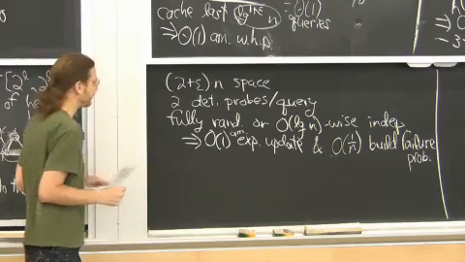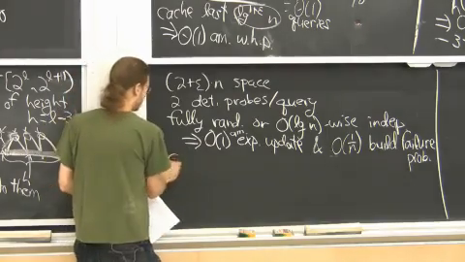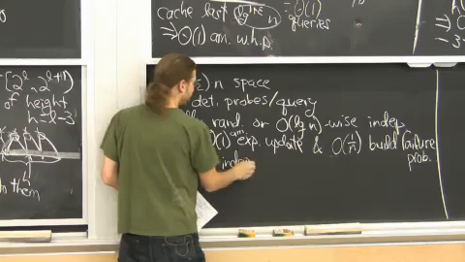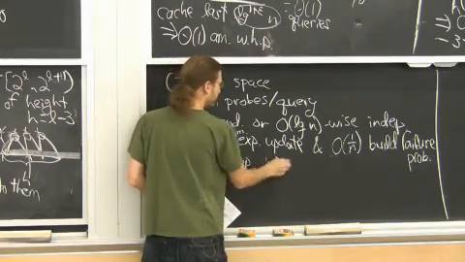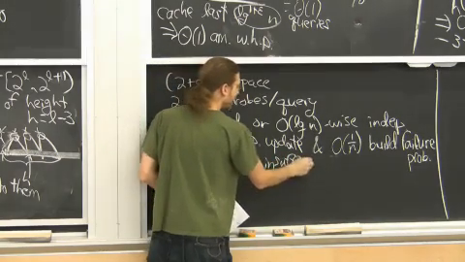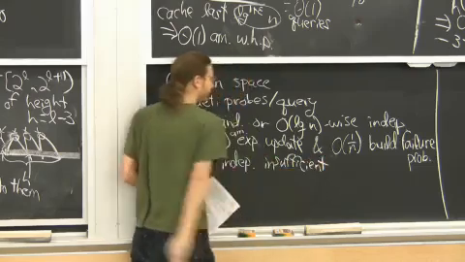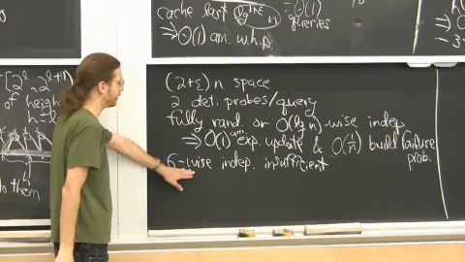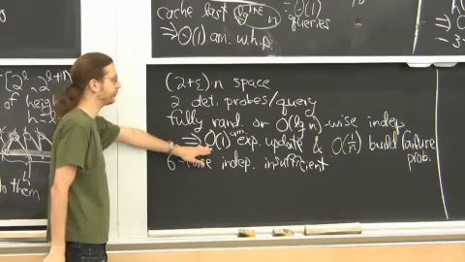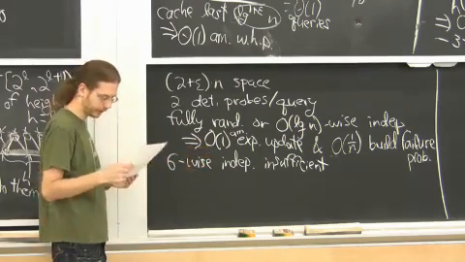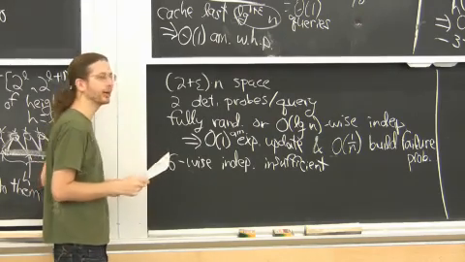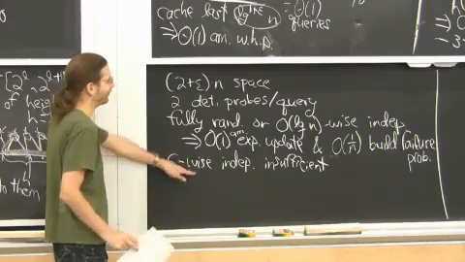Cool. The other thing that's known is that 6-wise independence is not enough. This was actually a project in this class, I believe the first time it was offered in 2003. 6-wise independence is not sufficient to get constant expected bound. It will actually fail with high probability if you only have 6-wise independence.